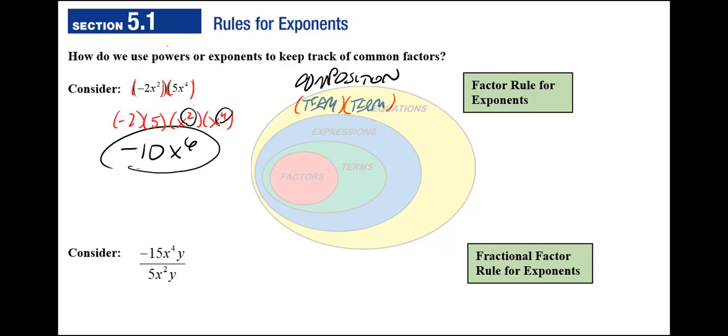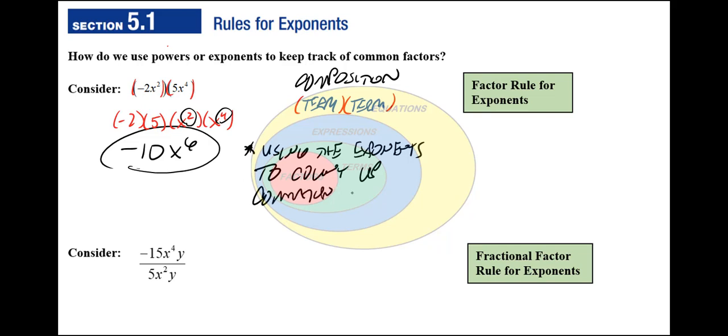So basically, when we're multiplying these repeated or common factors, we're just using the exponents to count up common factors. So you might see this written in an algebra book like this.